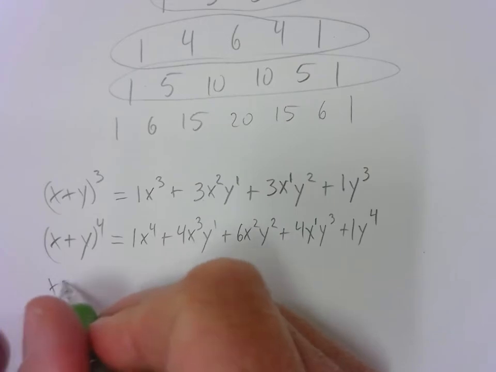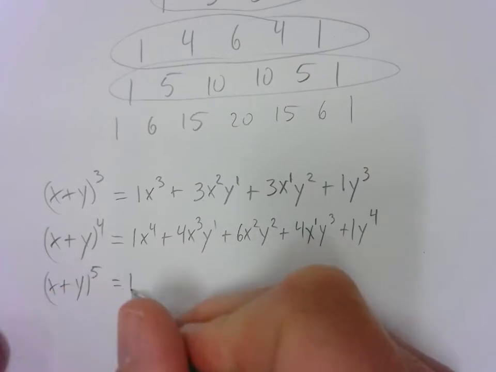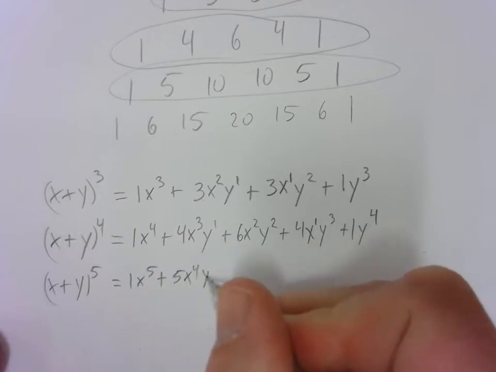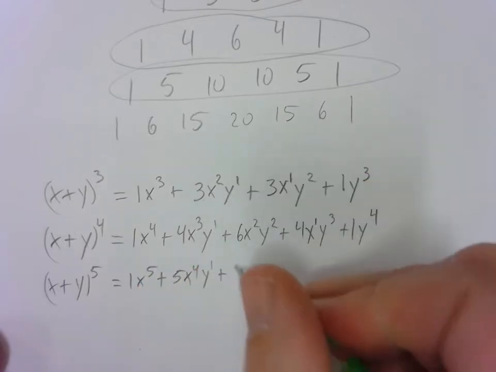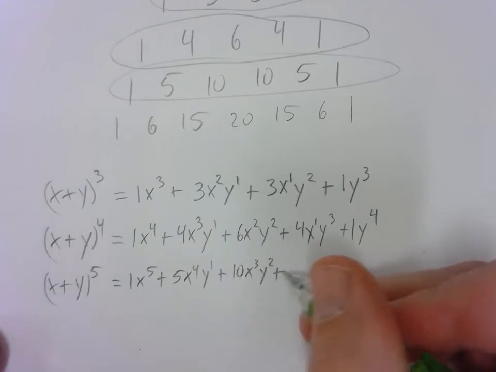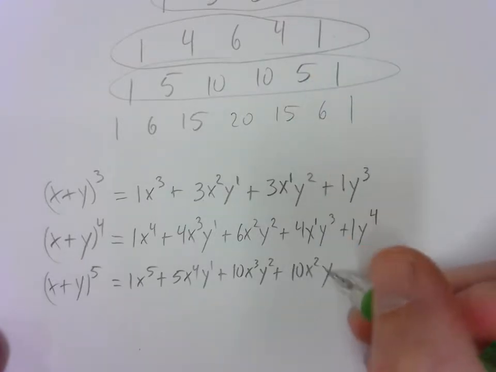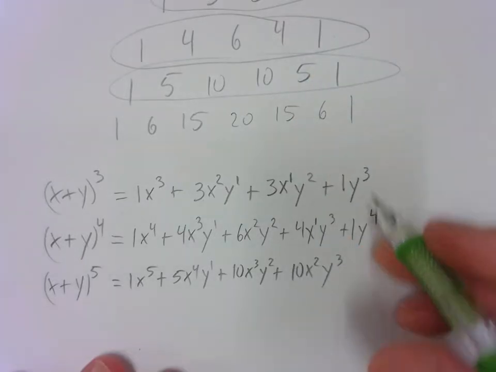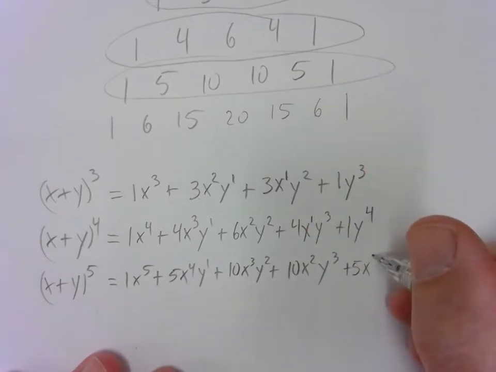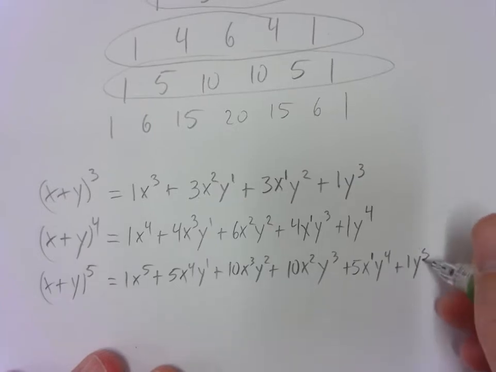Okay, let's do one more for kicks. So x plus y to the 5th power is equal to 1x to the 5th plus 5x to the fourth, bring in a y, plus 10, drop an x, x to the third, bring up a y, plus the next coefficient, 10, x squared, y to the third. Next coefficient, 5, x to the first, y to the fourth, plus 1, y to the fifth.